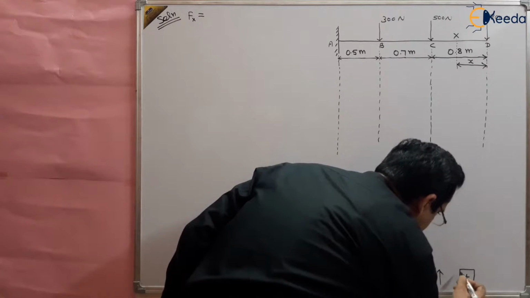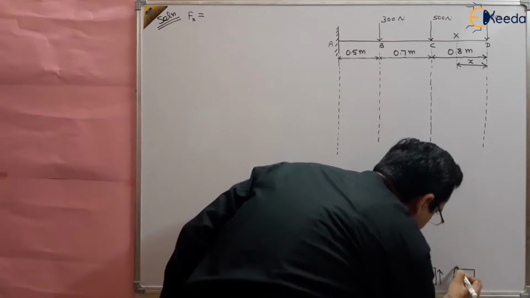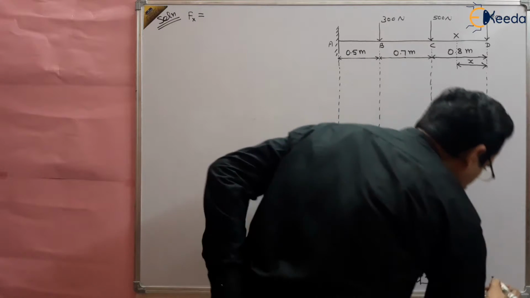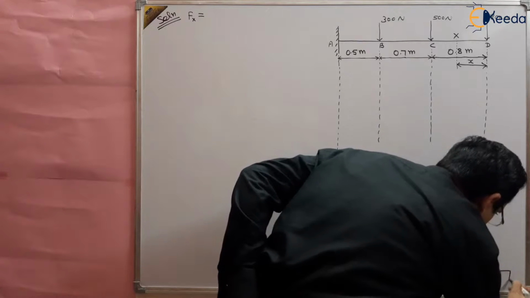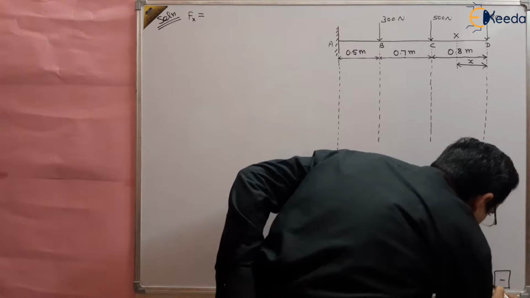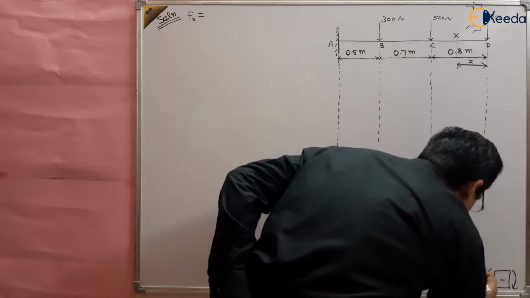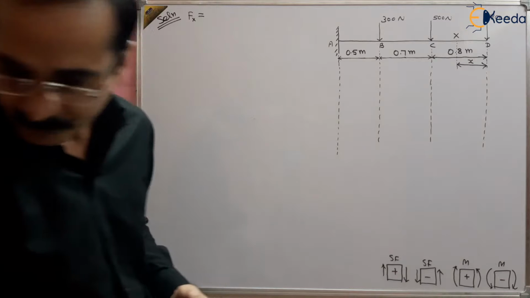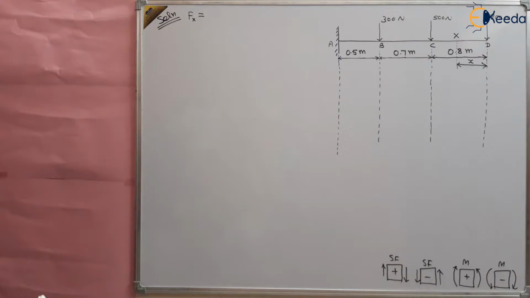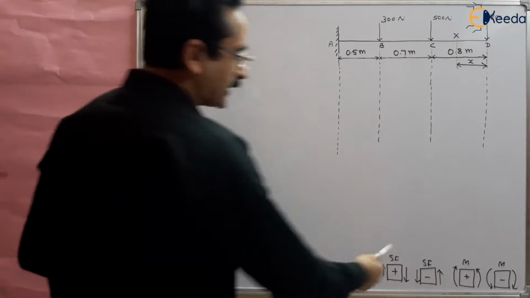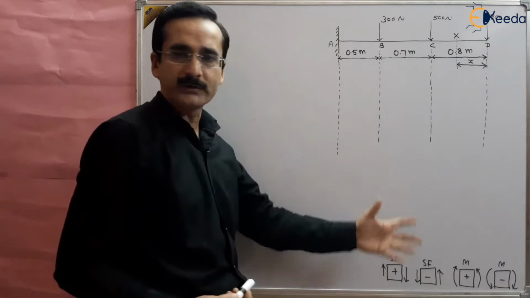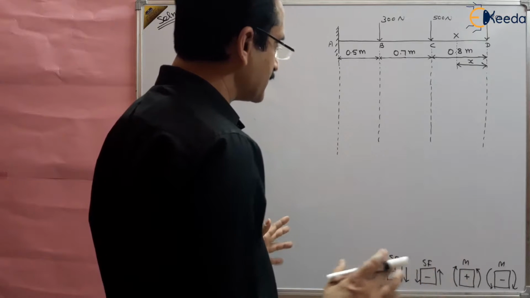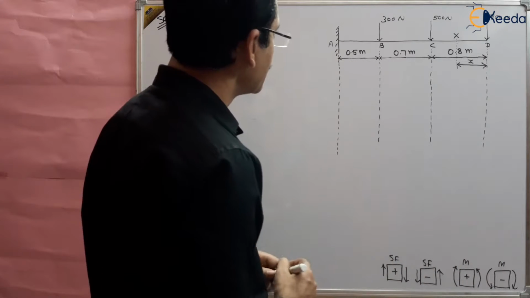This type of bending moment, sagging, we have taken positive, and this is hogging bending moment, which we have taken negative. So you should remember the sign conventions, or you can take your own sign convention, that is not a problem, but follow the same sign convention in all the questions, right?